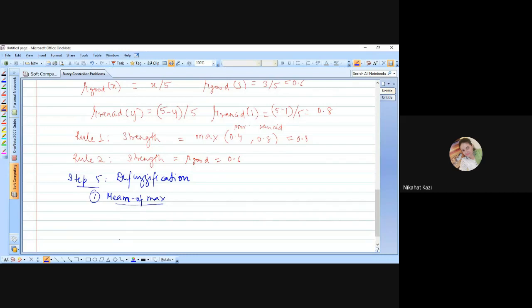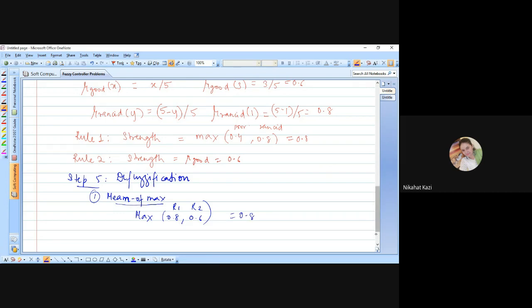You find out of these rules which were firing, which was the rule having the maximum strength. That is what you did, right? You had 4 values here in that rule base. That means those were rules. And out of those, you picked up the value which was the highest, right? So max value is max of 0.8 and 0.6. This is rule 1. This is rule 2. Out of these two rules, this is the highest. So you take it as 0.8.